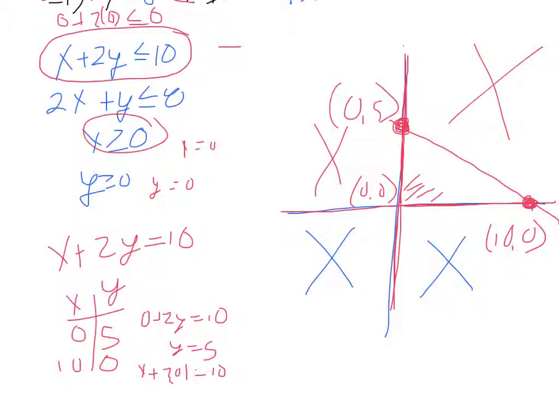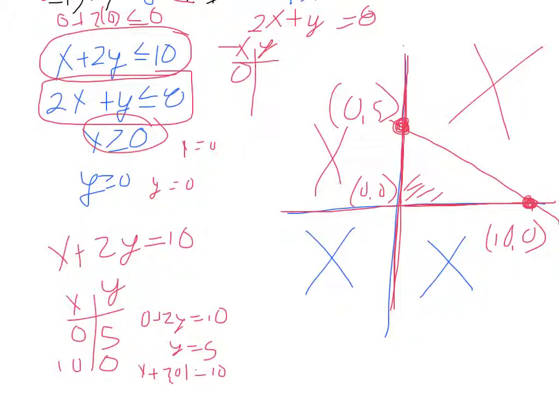Now the last thing we're going to do is graph this line right here, which is 2x plus y equals 8. Plug in some zeros. Plug 0 in for x, 2 times 0 plus y equals 8, so y equals 8, so that's up here, (0, 8).